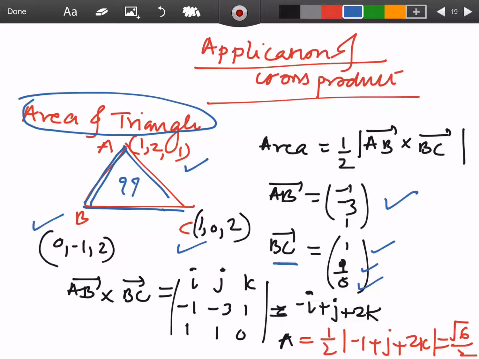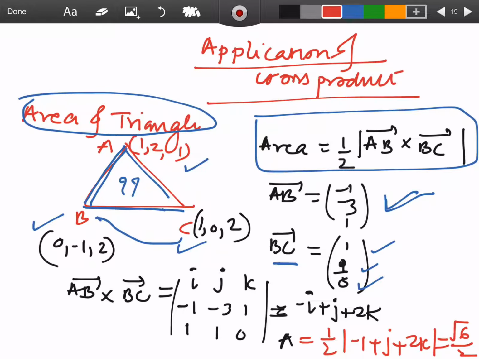That you get because AB is OB minus OA. If you want AC, it's going to be OC minus OA. If you want BC, it's going to be OC minus OB. So that's how I get this. Now, my area formula is this. If I want to find the area of the triangle, this is what I'm going to use: half of AB cross BC, or you could use AC as well. That's up to you.